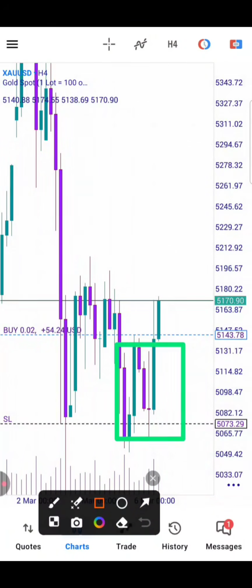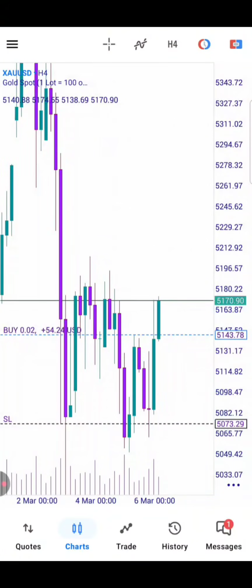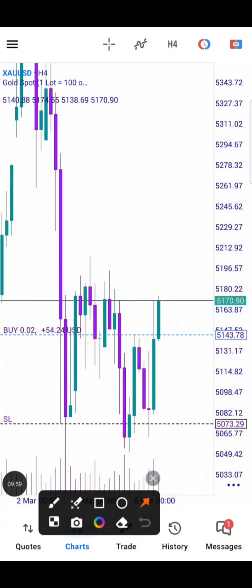This is what gives you the final information as a swing trader: there is a higher low and then there is a break above the previous high, which is this. That moment, that break of high, closes above that high, you make your entry even on the 4-hour time frame. Your stop loss is below the previous lower high while the take profit is at the next high.